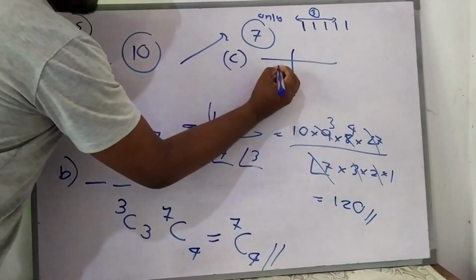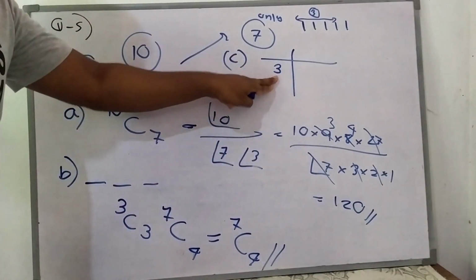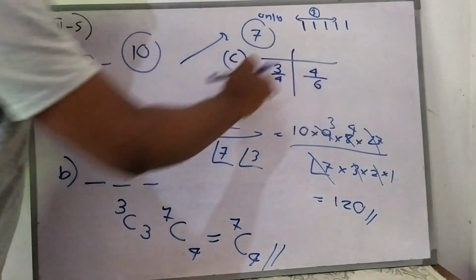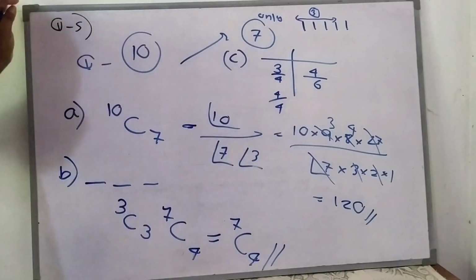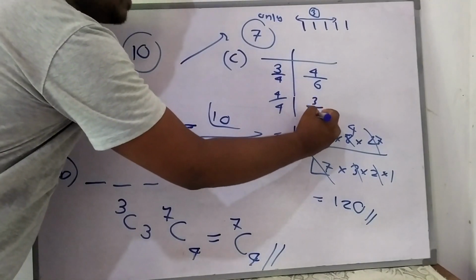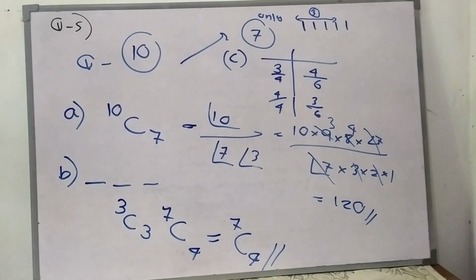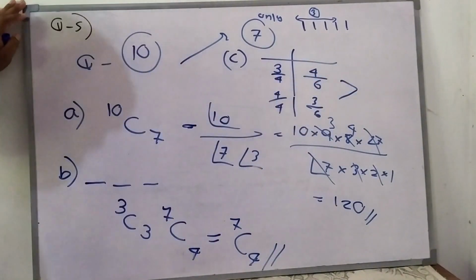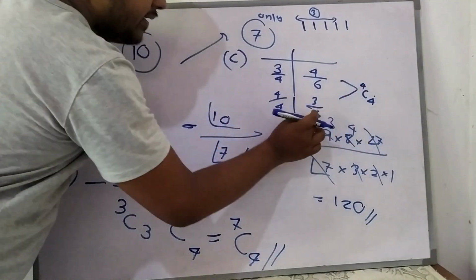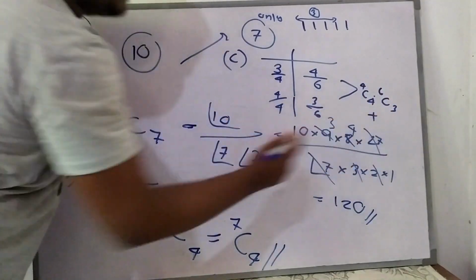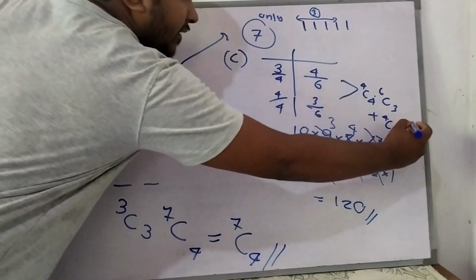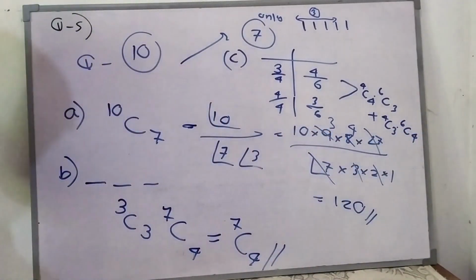Someone can take 3 out of 4, and the other 4 will be from the other 6. Or else someone can select the first 4, and the other 3 out of 6. So these 2 scenarios appear. So the answer will be 4C4 times 6C3, plus 4C3 times 6C4.